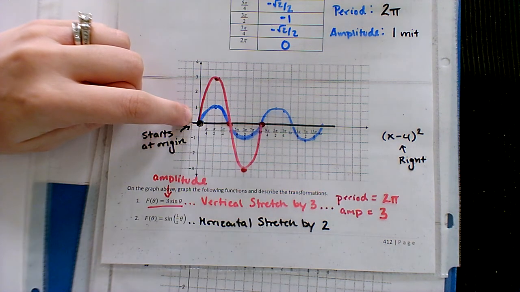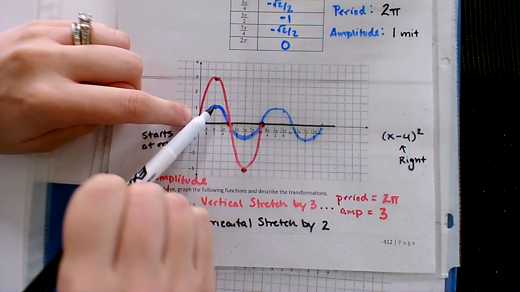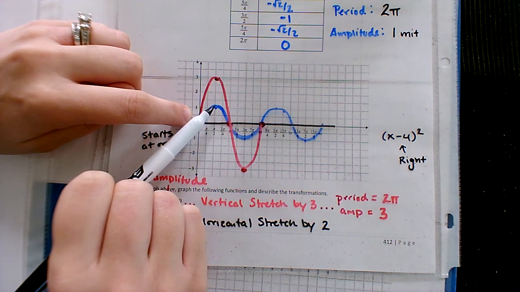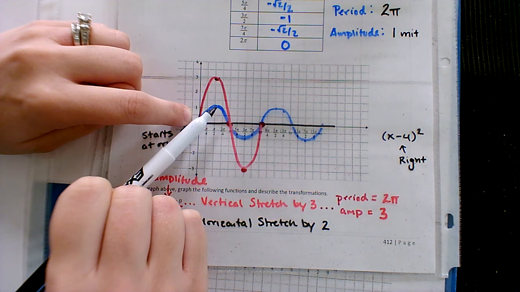Okay. The next easy point is pi over 2, which is probably that top point. If you double pi over 2, where would we now be located? Pi over 2 times 2?